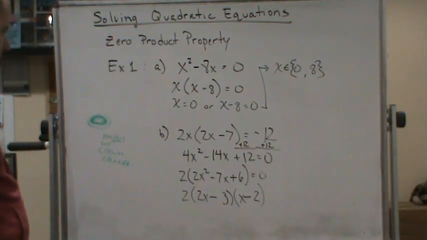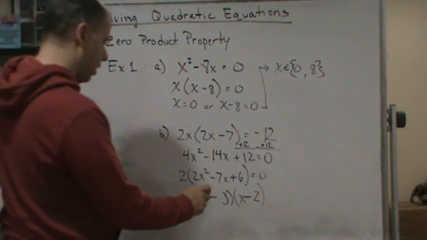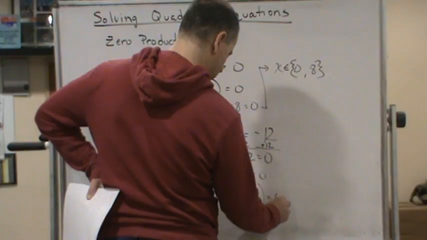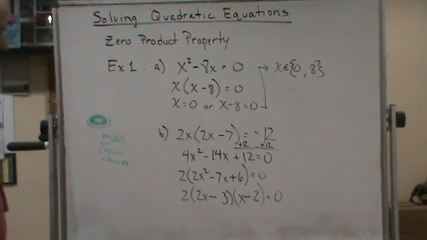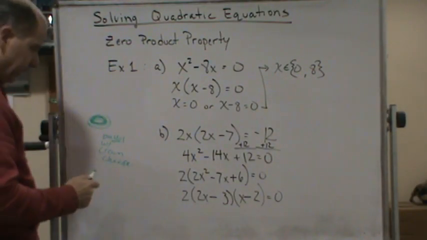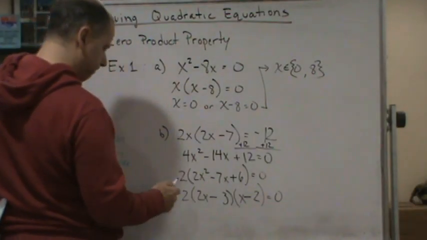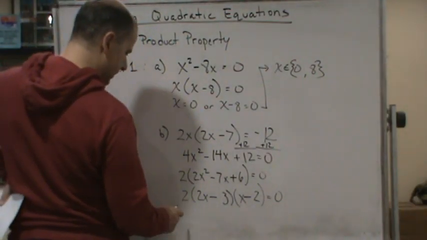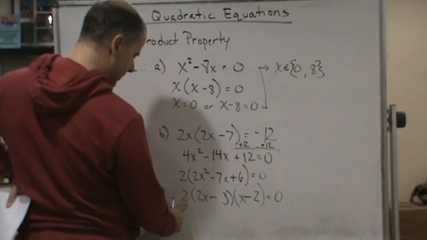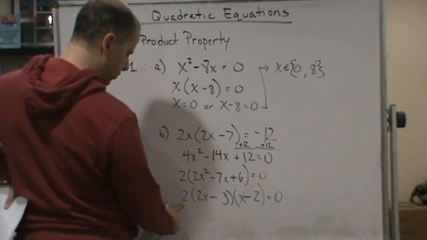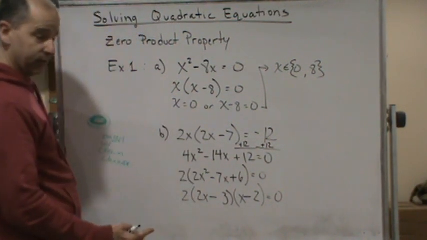All right, so now this is all equal to 0. Now we can use the zero product principle. Okay? Now the zero product principle, again, says that either this is equal to 0, which it can't be, it's 2, so we're going to ignore the 2, it's just a constant.